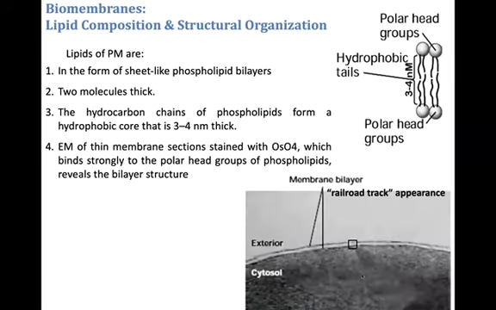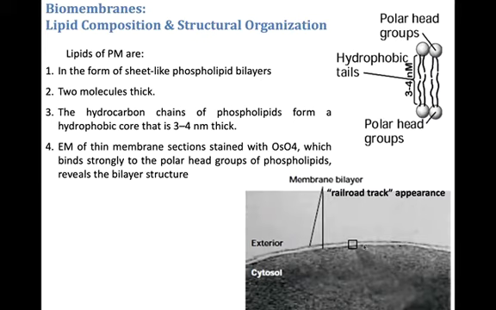If you look under the electron microscope, when the section or specimen is stained with its specific stain, which is osmium tetroxide, because it's a polar chemical, it binds tightly with the polar heads.